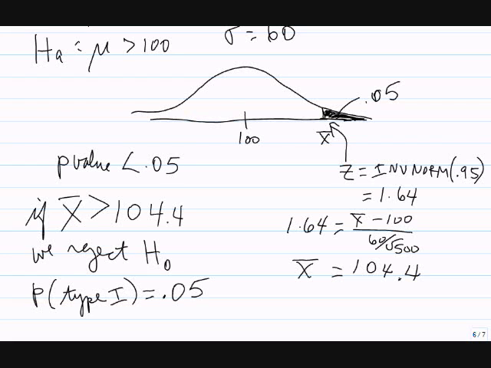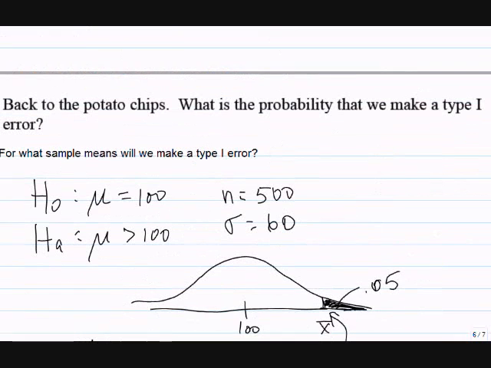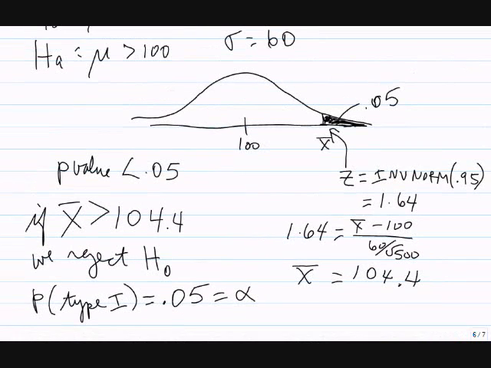So 5% of the time, which is my alpha, which is my alpha for my 0.95. Did we ever say that we had an alpha of 0.05? That's one we usually use, so that's what I assumed.